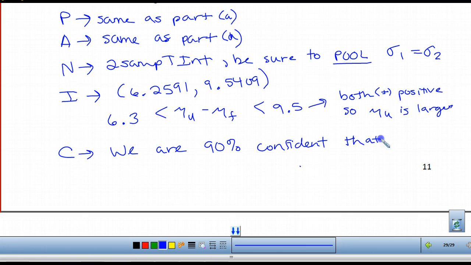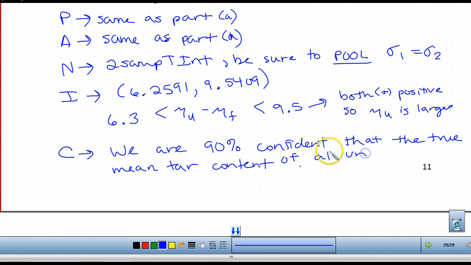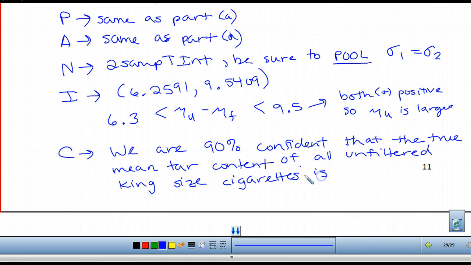Now, when I do my conclusion, we're going to start off by saying we are 90% confident that the true mean tar content of all unfiltered king size cigarettes is, now we want to say, is it higher or lower?